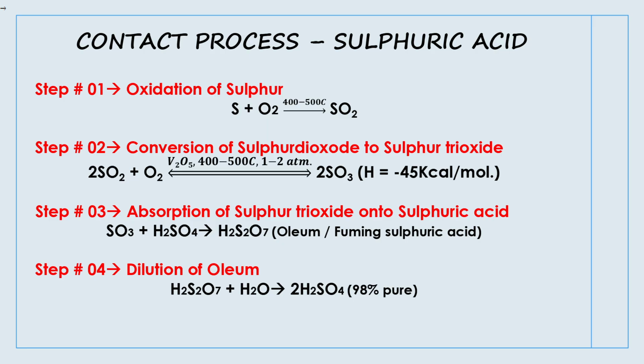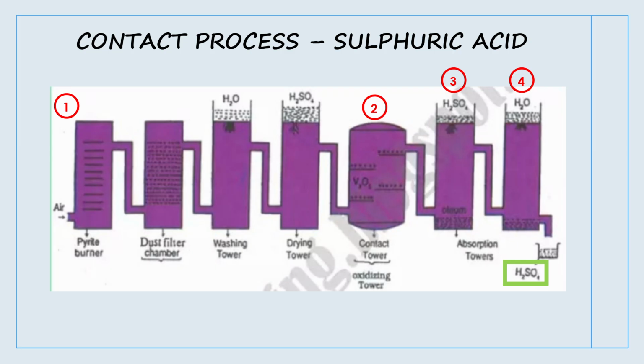Now for the pictorial representation, and then I'll also explain the explanation part that you can write along with these steps. Here you can see that in this diagram you have 7 chambers. I have done the labeling as well. The first 4 chambers, that is the pyrite burner, dust filter chamber, washing tower and drying tower, are all part of step number 1.